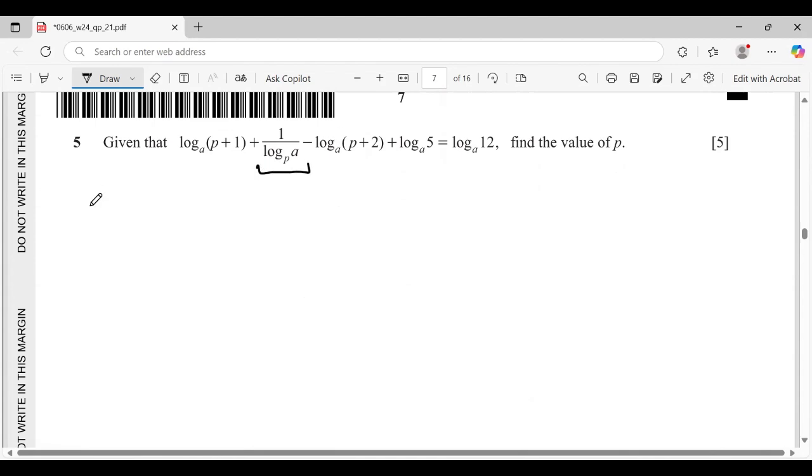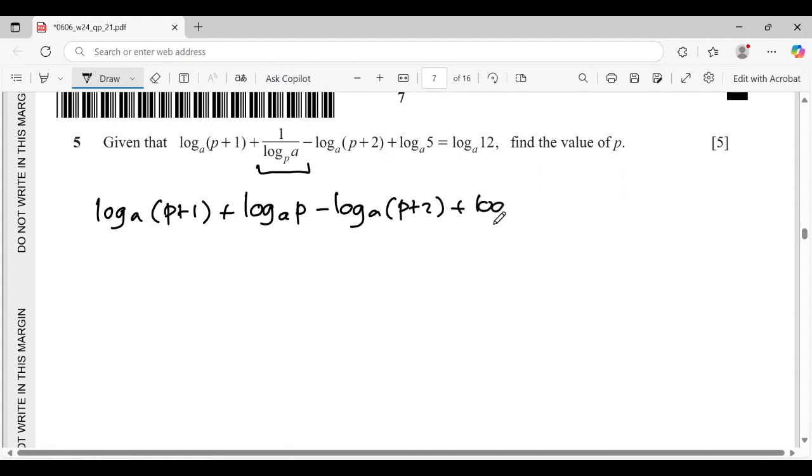So this equation becomes log_a (p+1) plus log_a p minus log_a (p+2) plus log_a 5 equal log_a 12.